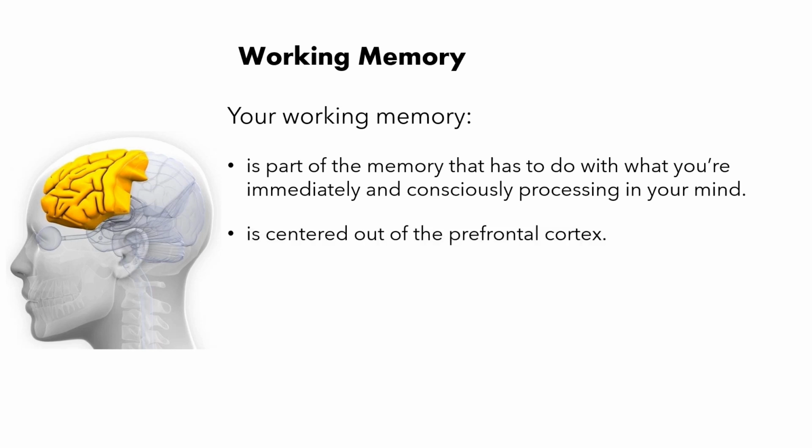Your working memory is centered in the prefrontal cortex. The prefrontal cortex is this yellow part of the brain here in front of your head. This is where your working memory is located.